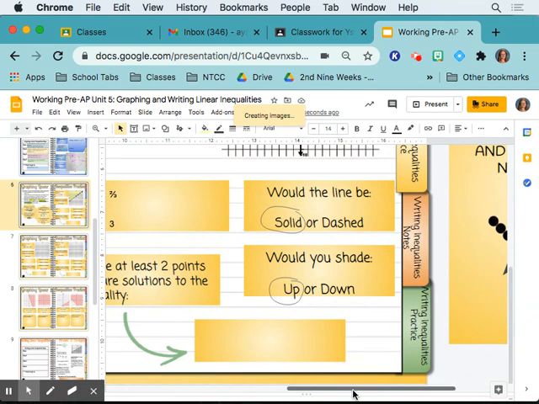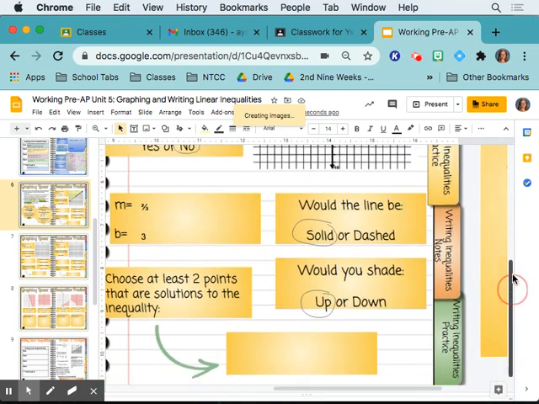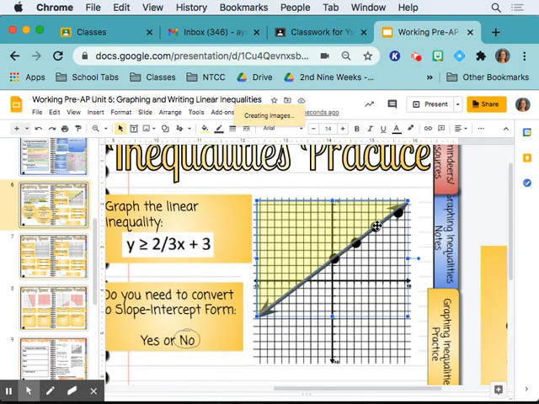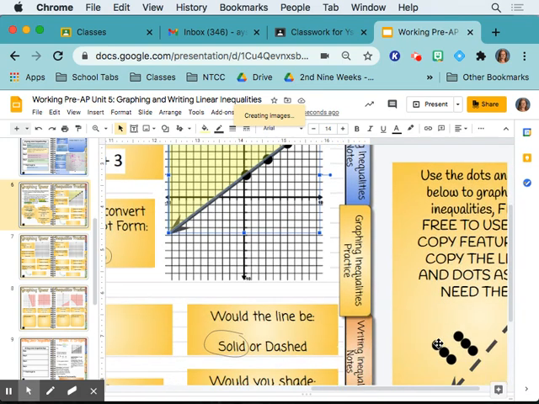Okay, and then it says check at least 2 points that are solutions to the inequality. So on the line should be included, and then any other point. So let's see. About right here. Negative 1, 2, 3, 4, 5, 6.